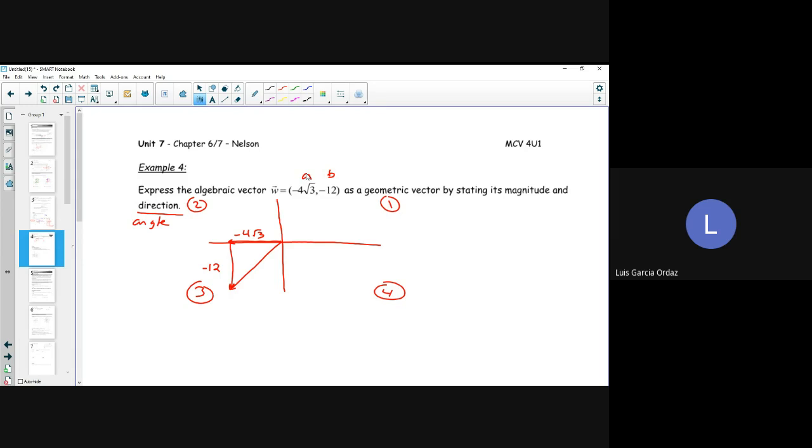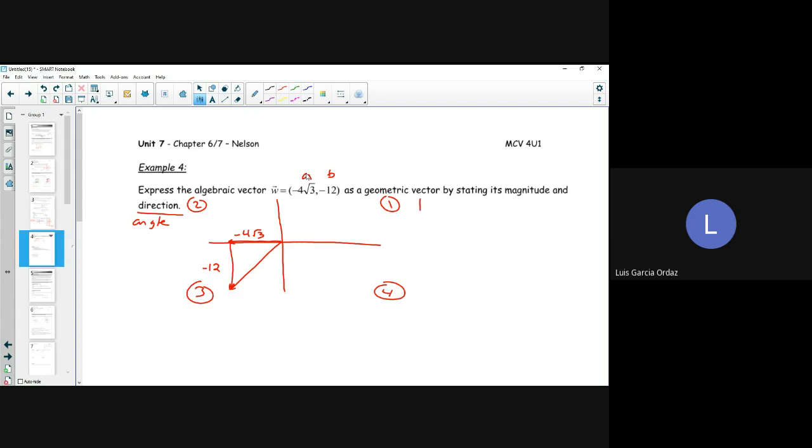It was mentioned in the previous slide. Yep, we're going to be using the magnitude formula, or the Pythagorean theorem.